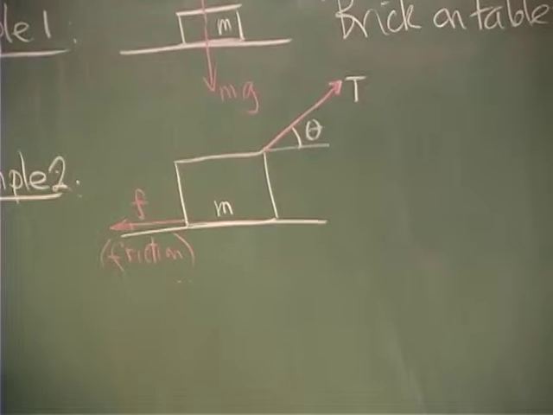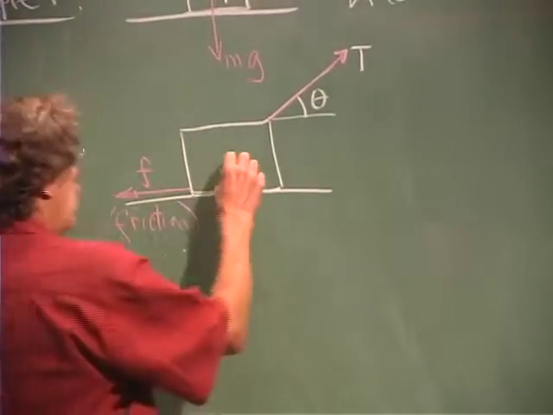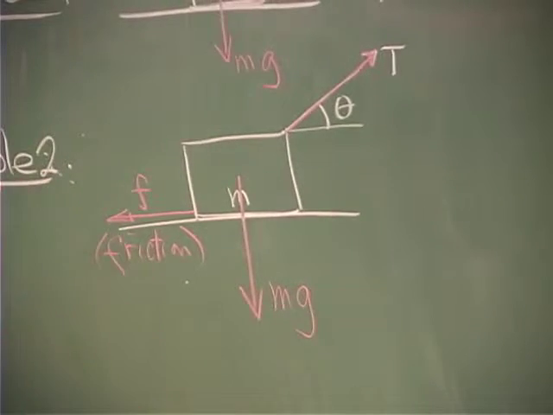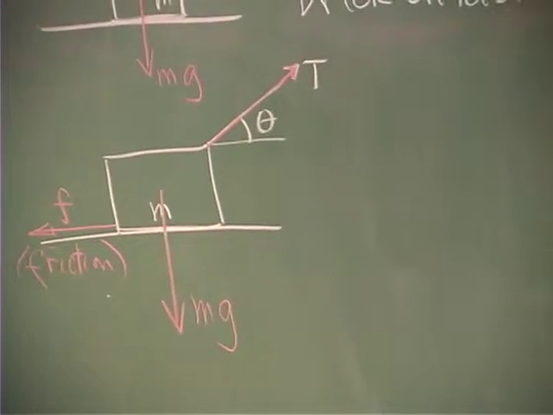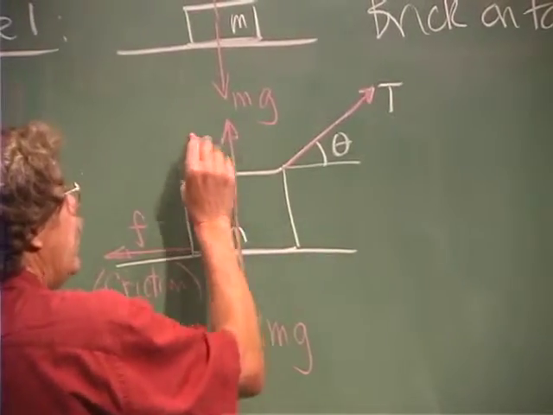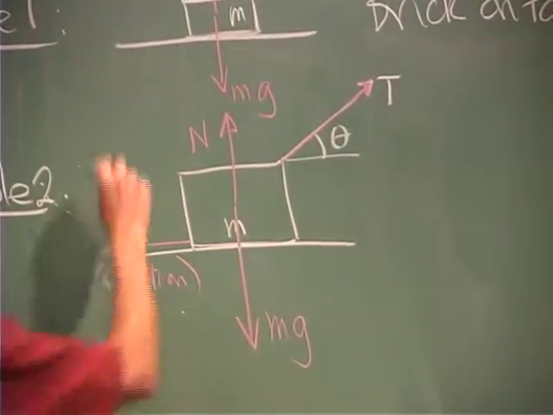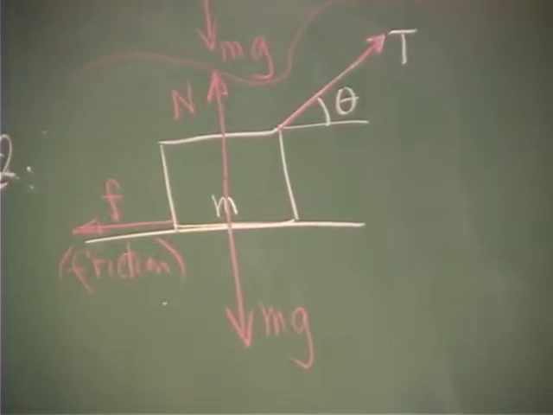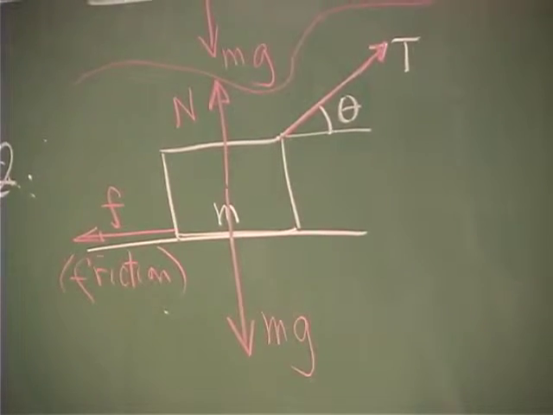What else? Gravity, always a safe one. Gravity, mg acting down, normal force acting up. Now here is where, if you're careless, you immediately jump to the conclusion normal force equals mg. Not true in this problem.